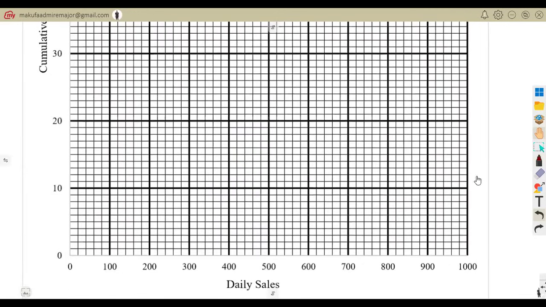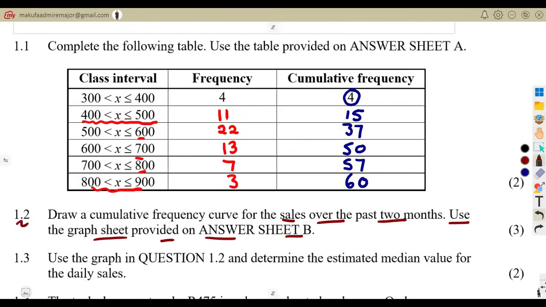So remember, the cumulative frequency curve is drawn using the upper classes and the cumulative frequencies. You use these class intervals that we are seeing here. We use the upper classes 400, 500, 600, 700, 800. These are the upper classes versus the cumulative frequency.